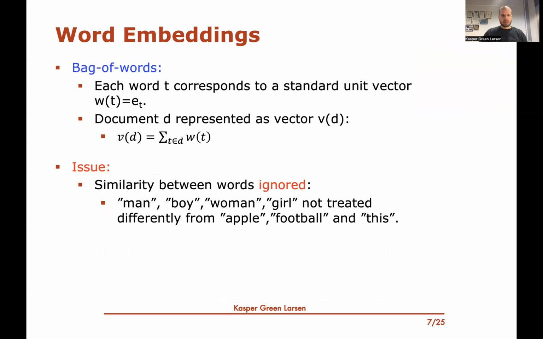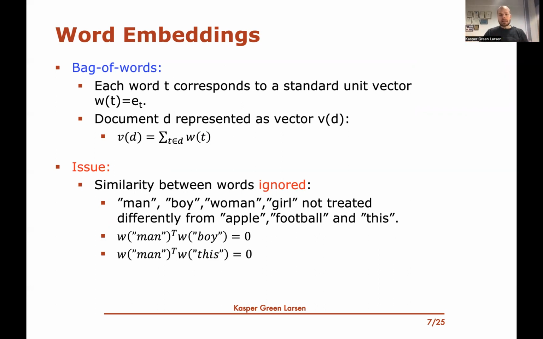Okay, so if we go back to this issue that the similarity between words is ignored, one can also see it by looking at these vectors that represent each of the words on their own. The vector representing the word "man" is just a standard unit vector with a single 1 in the coordinate corresponding to "man", 0s everywhere else. "Boy" has just a 1 in some other position corresponding to "boy", and the inner product between these two vectors is 0.